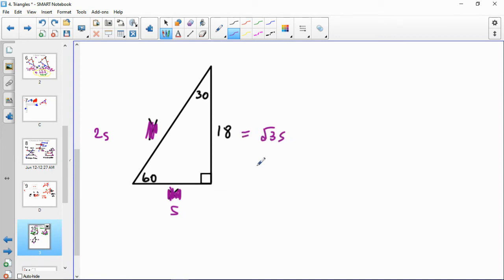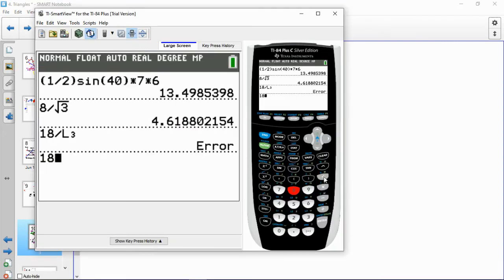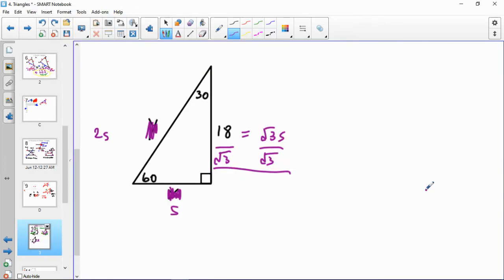Because what that lets you do is very quickly figure out what variable you're trying to isolate and use to get to the number you need. So 18 equals radical 3 S. If I want to get to S, I'm going to have to divide both sides by radical 3. When I do 18 divided by radical 3, I get 10.4.